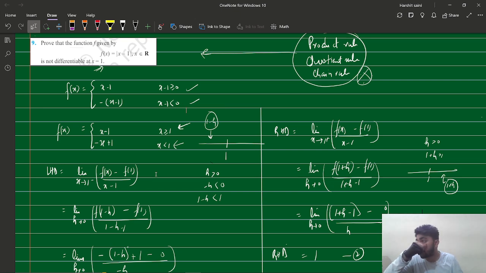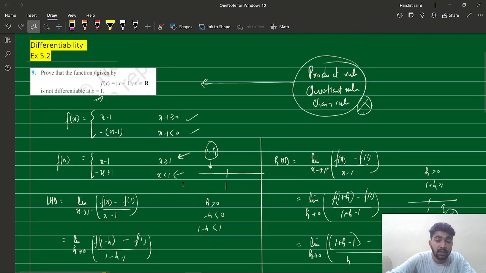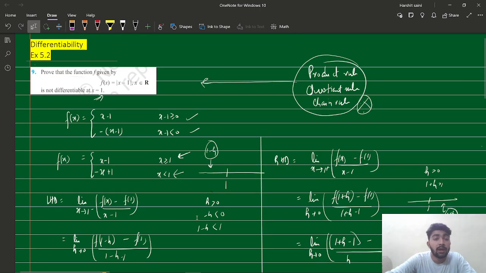So we need to go by the definition. We need to prove that the function is not differentiable at x equal to 1, so at 1 we find the LHD, at 1 we find the RHD and check whether they are equal. Applying the definition, we get LHD as minus 1, RHD as 1, both are not equal and the function is not differentiable.